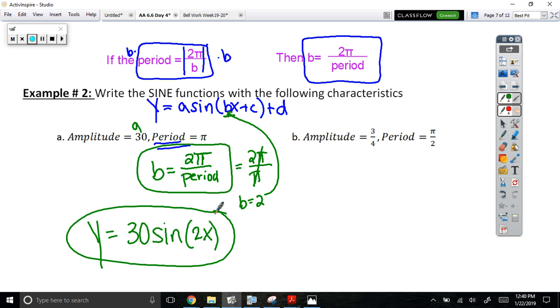Okay, next one. Amplitude is 3/4. That's our a value. To find our b value, we'll take 2 pi divided by the period, which is pi halves. What do I get when I simplify that?